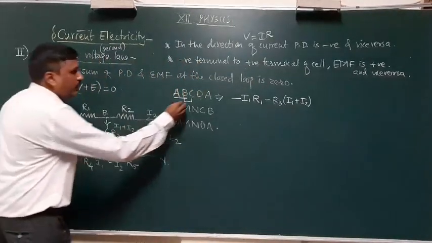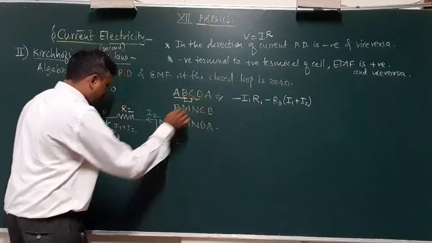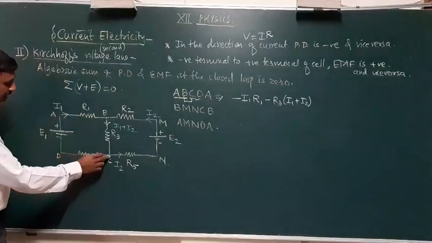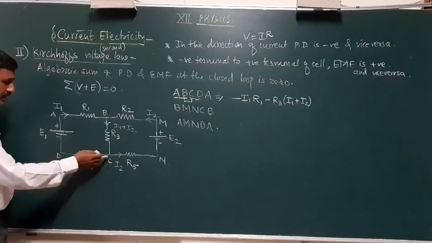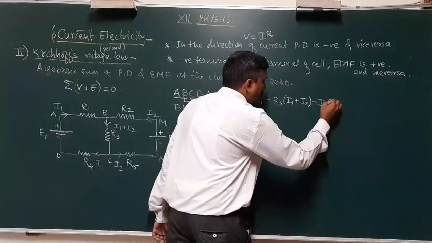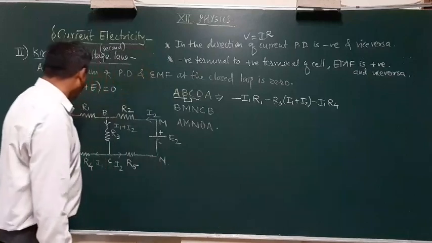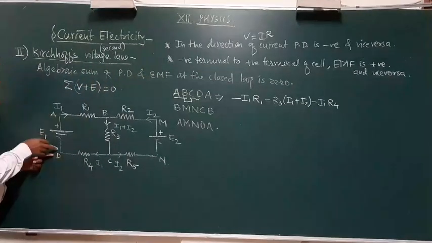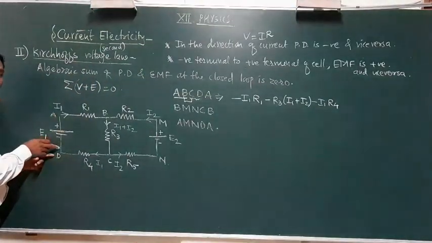Then C to D. Again we are tracing the loop in the direction of current. So again there is a negative sign. Minus I1 R4. And D to A, there is no resistance.